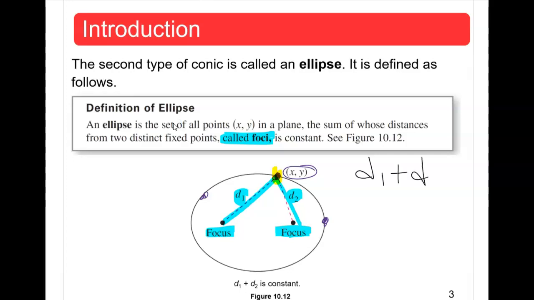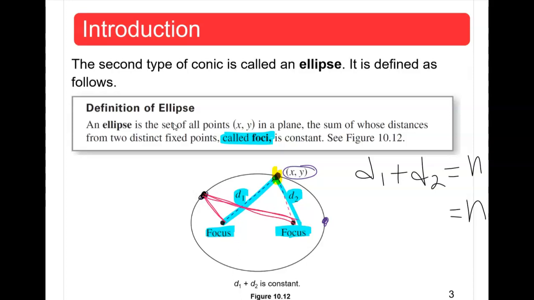D1 plus D2, and let's just say that we get a number, we call it N, just to give it a number. That number will remain constant if you were to pick a different point, for example, the one here, and then trace the distance from that point to one of the foci, and then from that same point to the other.